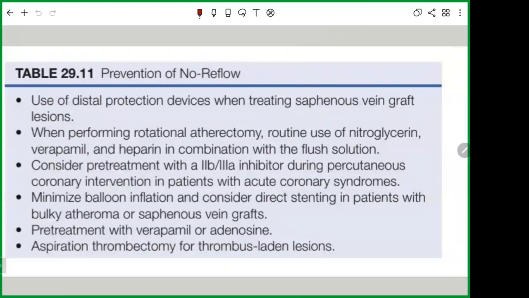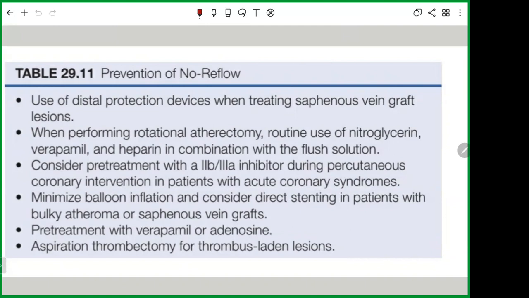There are some trials which say if you are intervening on a saphenous venous graft, using a distal protection device can prevent the no reflow phenomenon. When you are performing a rotational atherectomy, especially in the right coronary artery, routine use of nitroglycerin, verapamil, or heparin in combination with the flush solution can prevent the no reflow phenomenon. Considering treatment with a GP2B3A inhibitor before or during the PCI can prevent the no reflow phenomenon.